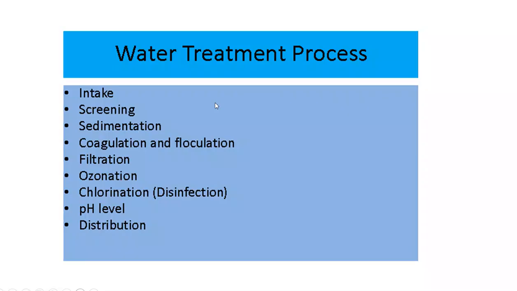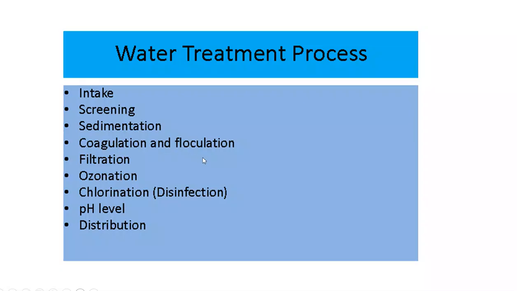Now we have the water treatment process. In the water treatment process, we have different units by which we can treat the water. First, we have intake, then screening. Third is sedimentation.